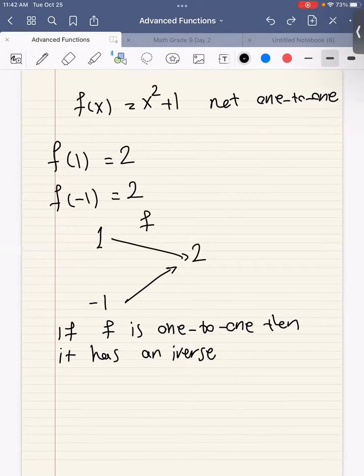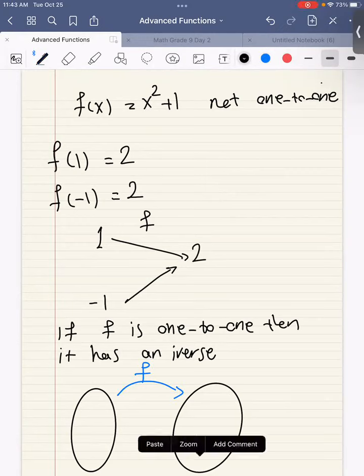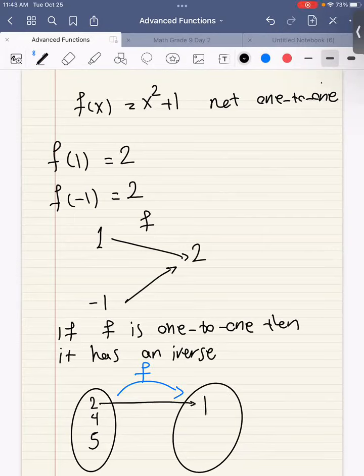If you have a function like f, then for f inverse, for example, you have a bunch of numbers in the domain of f, like 2, 4, 5, and so on. So f takes 2, for example, to 1, takes 4 to 3, and takes 5 to -10.